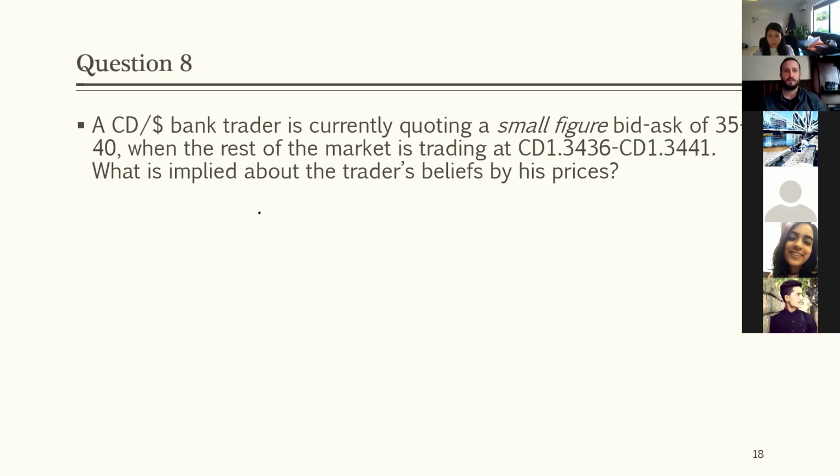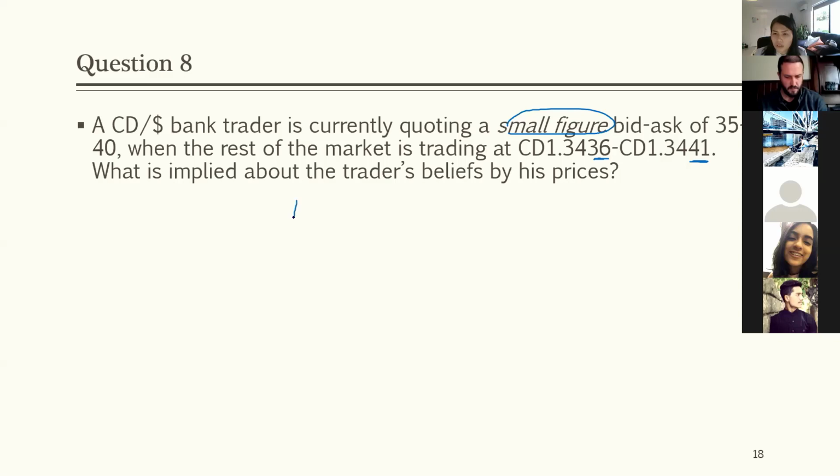So when we say the small figure, we're talking about the last 2 digits in the currency quote. So this bank is currently quoting 35.40, and the rest of the market is 36.41. Okay. So the question is, what is implied about the trader's beliefs by his prices?